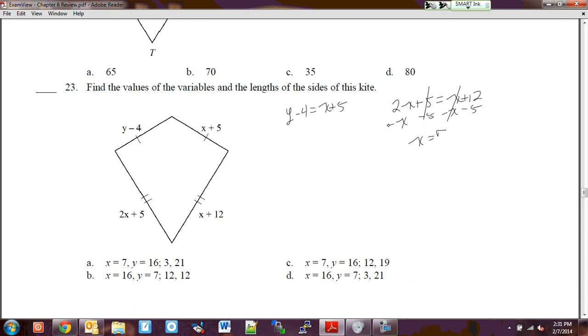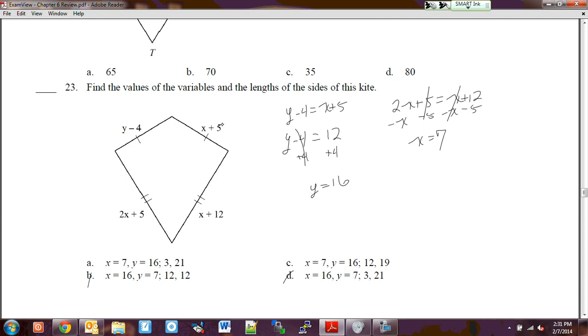X equals 7. So that rules out B and D because x is 16 in both of them. Now I'm going to plug the 7 in for this x right here. So y minus 4 equals 7 plus 5, which is 12, plus 4, plus 4. So y equals 16. Okay, well, x is 7, y is 16, so we can't rule one out just yet.